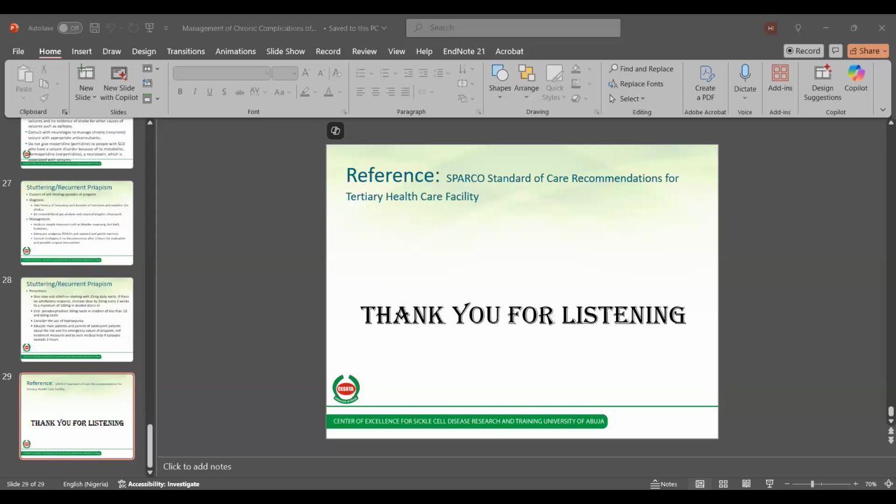So, hydroxyurea, is it for all sickle cell patients? Is it for all patients with sickle cell anemia? Yes, hydroxyurea is a disease-modifying drug, and previously it used to be for patients with severe disease, like 2 or 3 admissions per year, 2 or 3 blood transfusions per year, and so on.